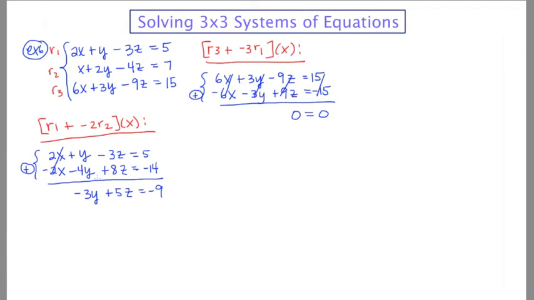Now if I do this with color, you might be able to visualize it a little bit better. So here's a plane. There's our first plane. I'll call it row 1. Now we've got this second plane, which happens to be the same as the first plane. So row 1 and row 3 are the same. So it's sort of like a blue and green at the same time, and I'll call this row 3.